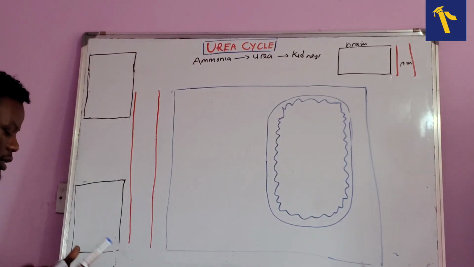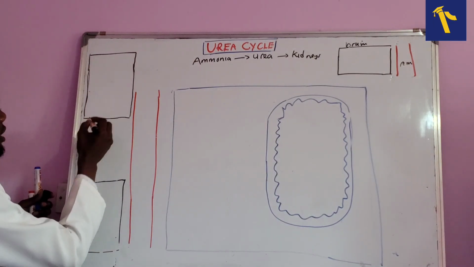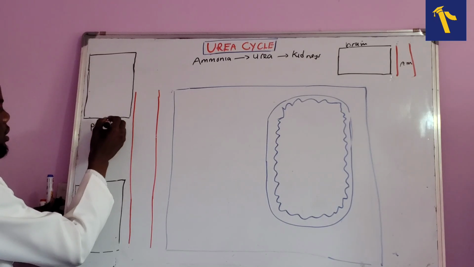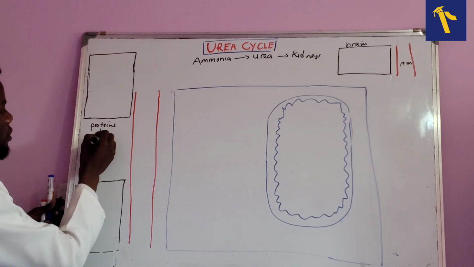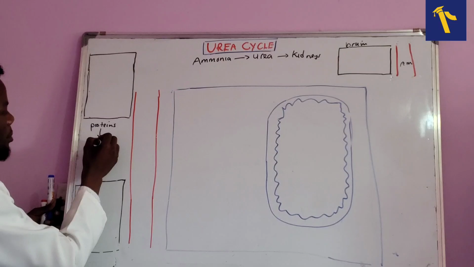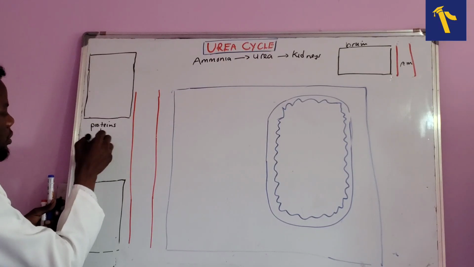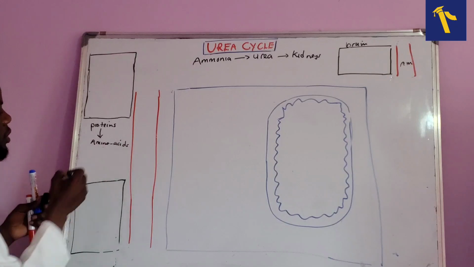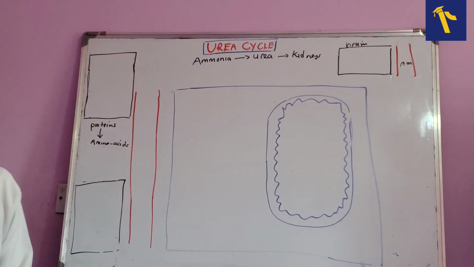So now let us understand something here. If this is the digestive system, now we have proteins here. We know that proteins are going to be converted into amino acids. That's what we know, right?